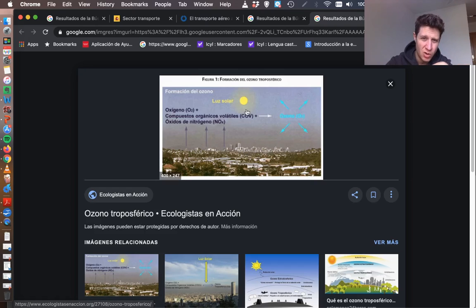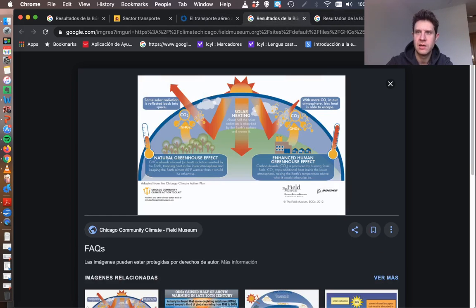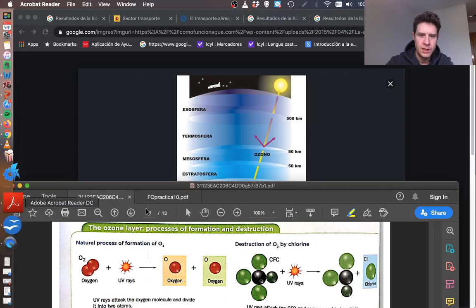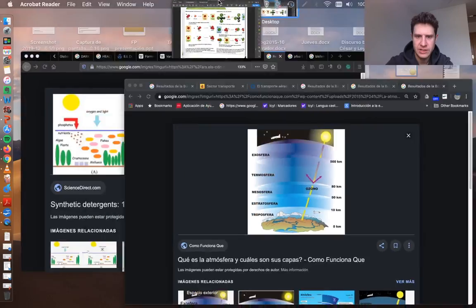Yes, but chlorine goes really up, doesn't stay here. It really easily goes up, and it reaches this area here. Okay, good. This is the reaction, very simple.